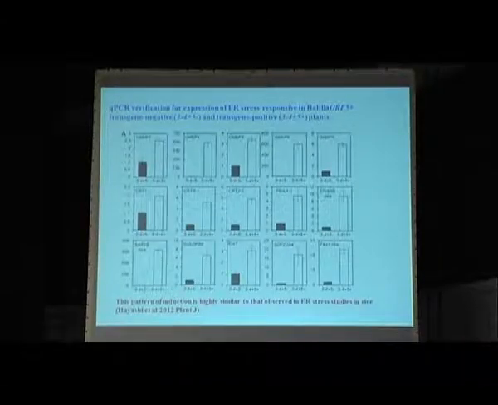Together with OF3 is a bunch of genes which are ER stress responsive, all with elevated expression, and the pattern is highly similar to a study observed in an ER stress study in rice, which was published this year.